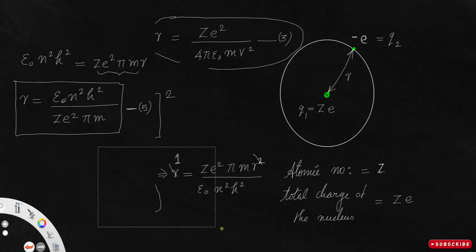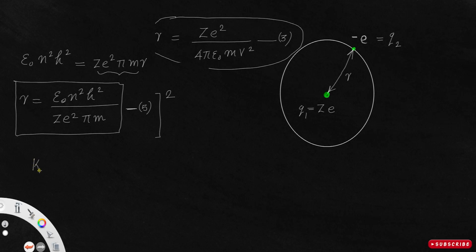Now we have kinetic energy. The expression for kinetic energy is equal to half m v square. And we have m v square. See, that's the relation we took earlier. Let me write that again. We have the centripetal force m v square by r equal to the electrostatic force or Coulomb's force, that is 1 by 4 pi epsilon 0 z e square divided by r square.